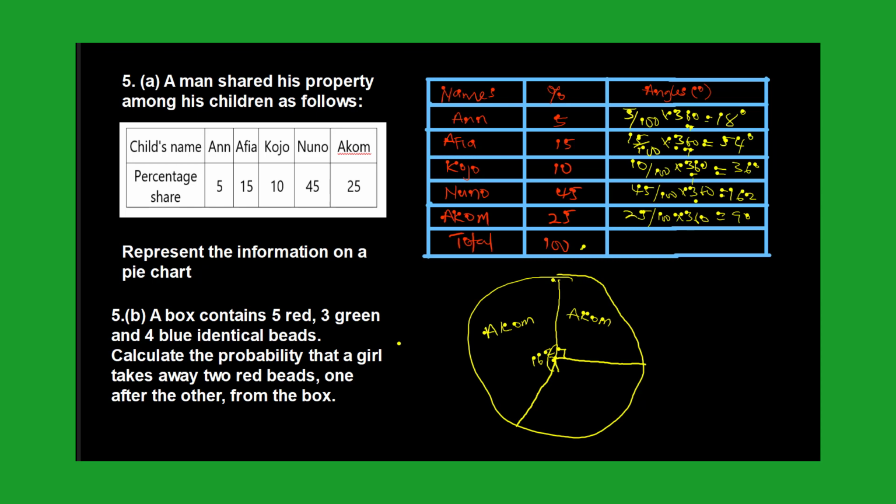Afia is 15. Let's make here to be Anne, which is 5, and here to be Kujo, and finally Afia to be 15.